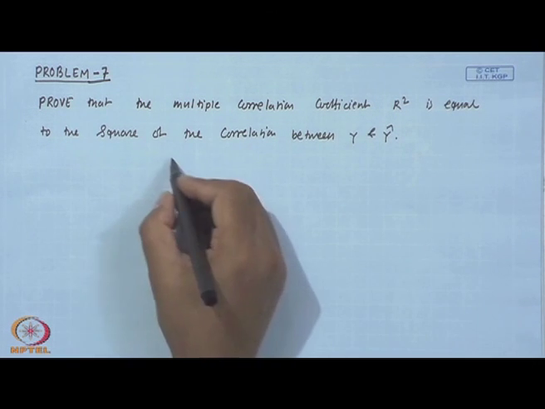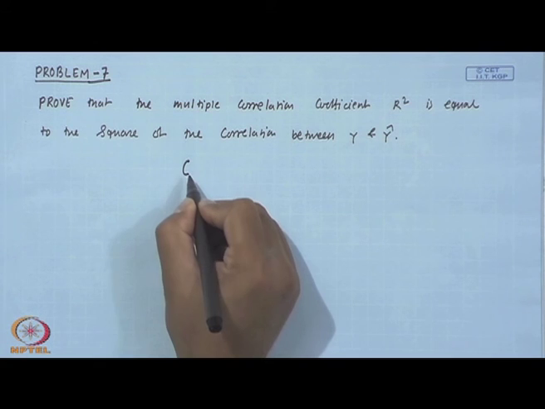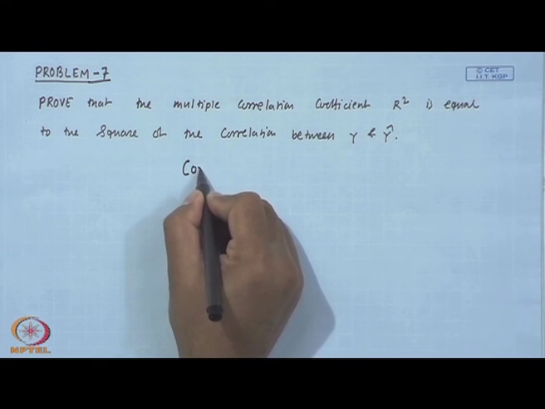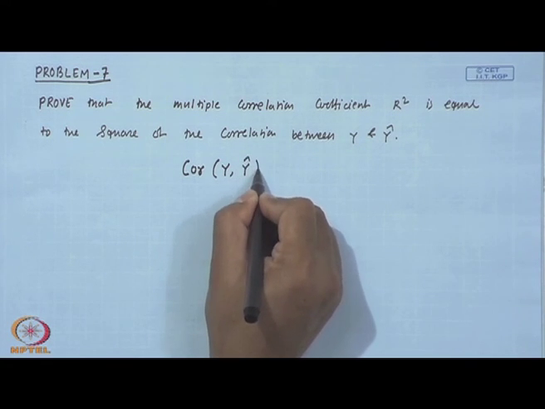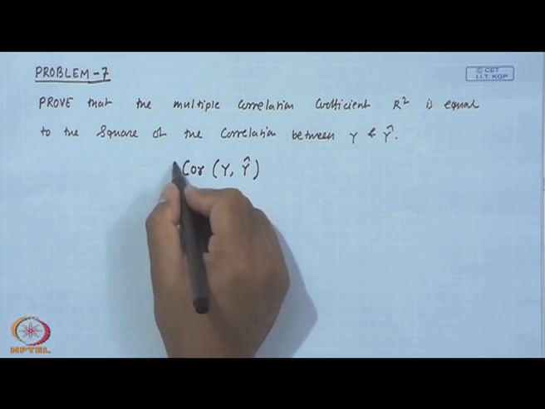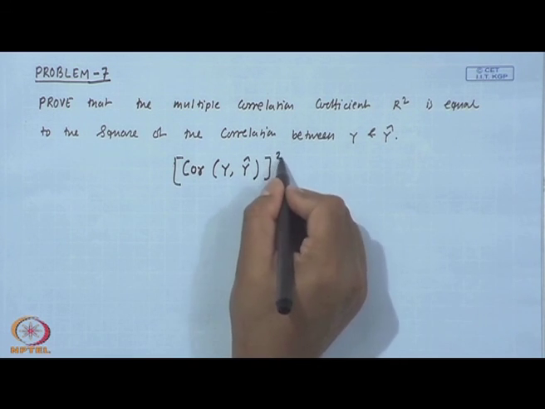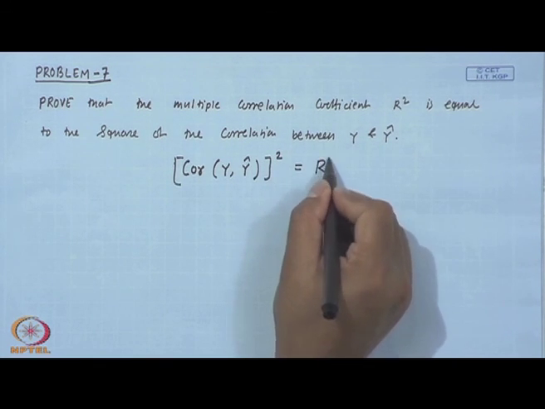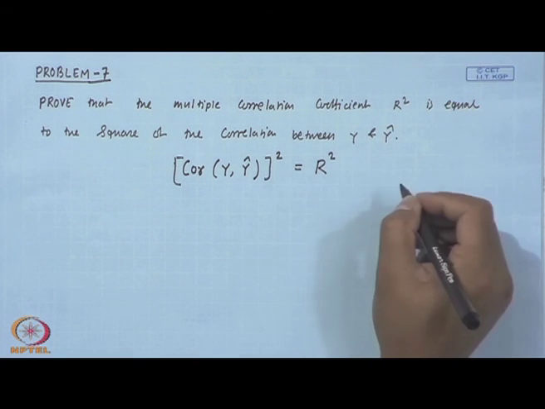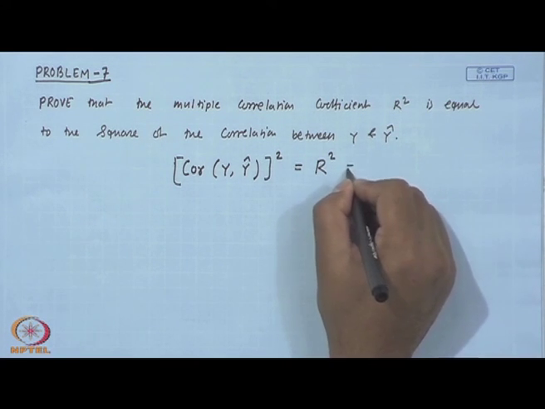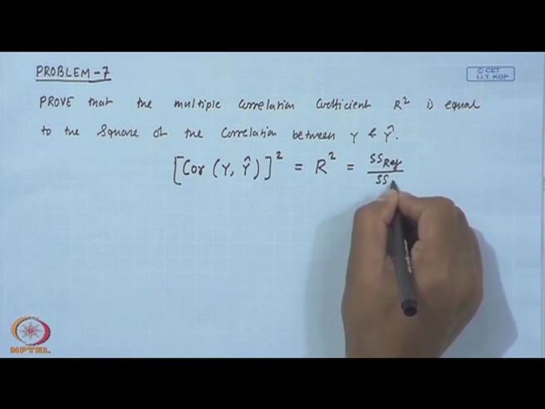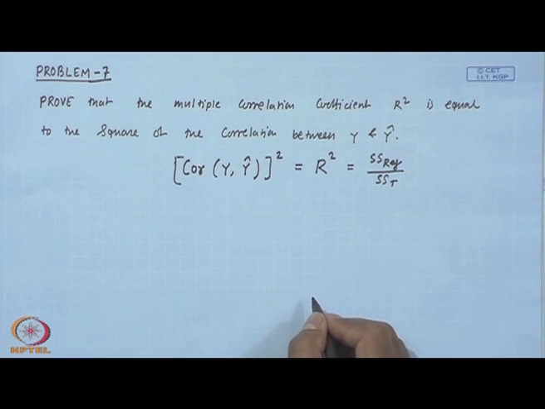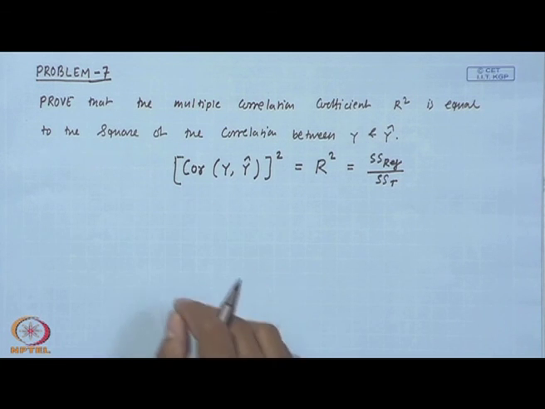So, what you have to prove here is that the correlation between y and y hat, and the square of this one, is equal to r square. R square is again the coefficient of determination, which is equal to S s regression by S s total. So, it is nice to prove this one.